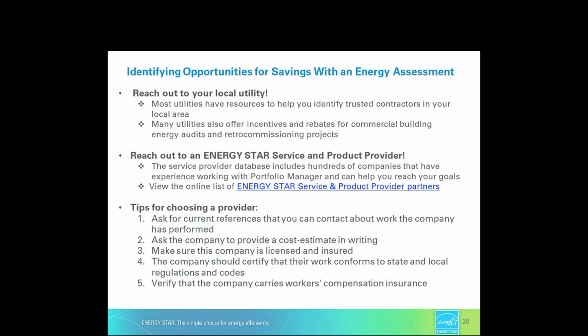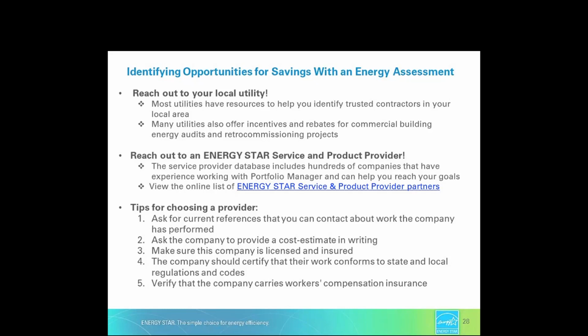That being said, we do have quite a bit of resources out there in the marketplace to help you do this. The first would be to reach out to your local utility. Most utilities have technical assistance resources to help you identify trusted contractors in your local area, and they typically have financial resources, either incentives or rebates, that can help building owners get these energy assessments in the first place.